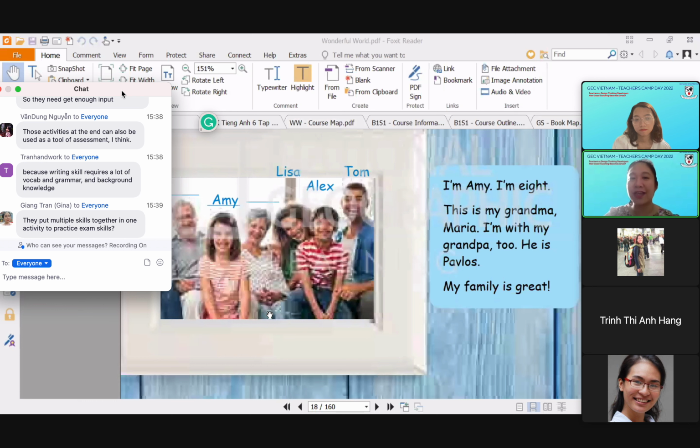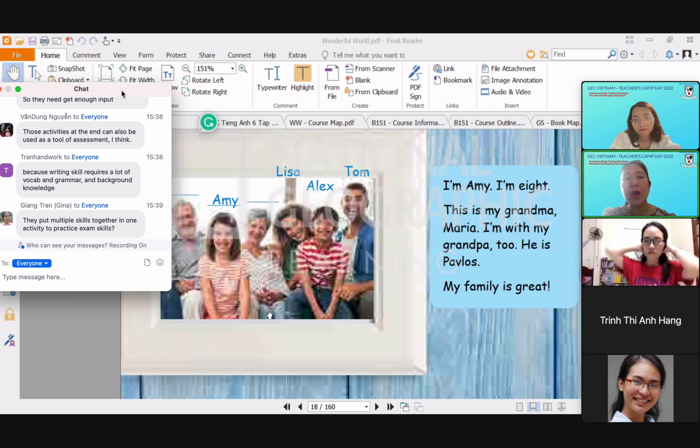But I think organizing activities for students goes hand in hand with assessing the performance of students in such activities. Because without assessing students, we don't know what to do next, where to go next. And of course, as I said earlier, we need to have a purpose in mind.